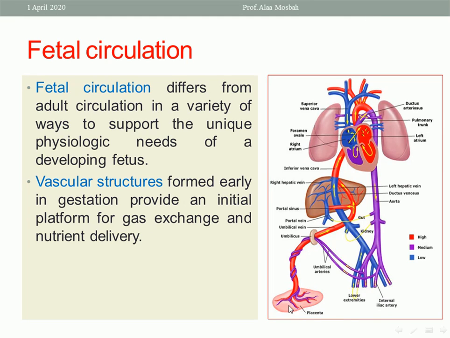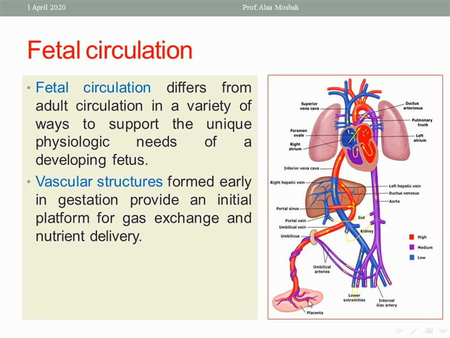This is the placenta, and this is the umbilical cord containing one umbilical vein and two umbilical arteries. The one umbilical vein carries the oxygenated blood from the placental side to the fetus, while the umbilical arteries carry the deoxygenated blood from the fetus to the placenta, to the maternal side.